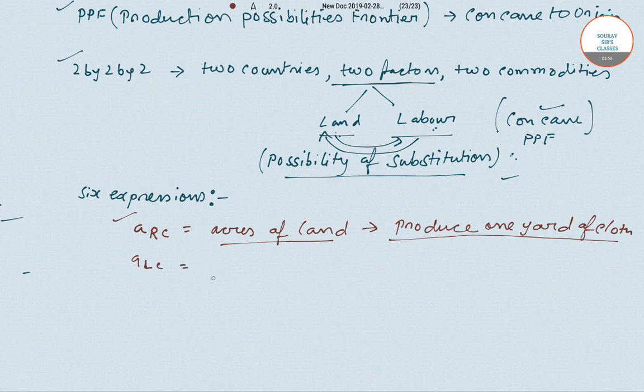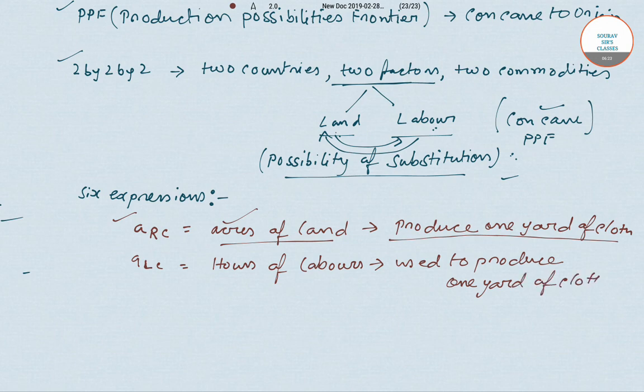ALC is given as hours of labor used to produce 1 yard of cloth. This is acres of land and this is hours of labor used to produce 1 yard of cloth.